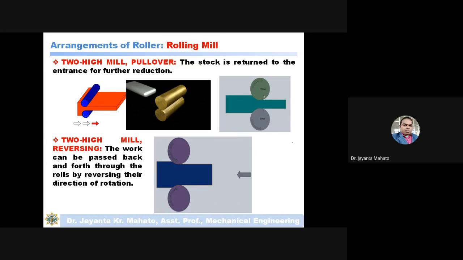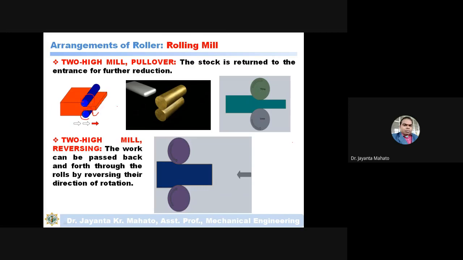In this case, only two rollers are there, and see this view. This roller will rotate in this direction, and the roller below will rotate in this direction.